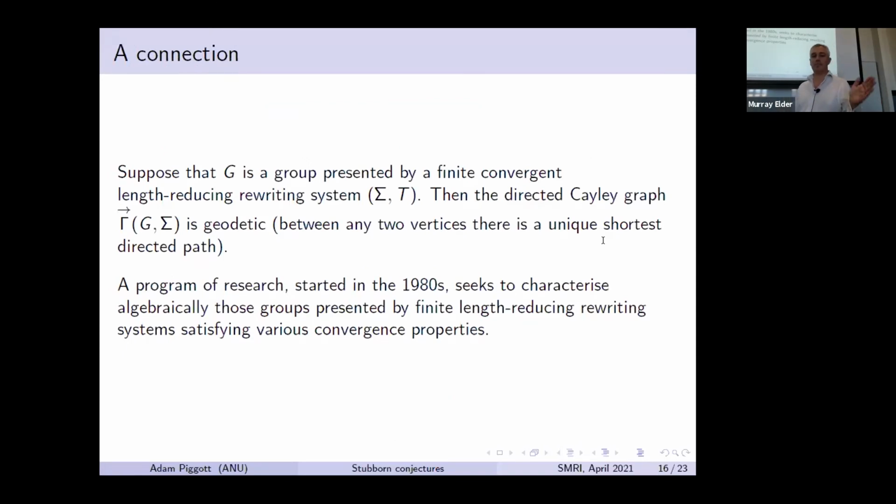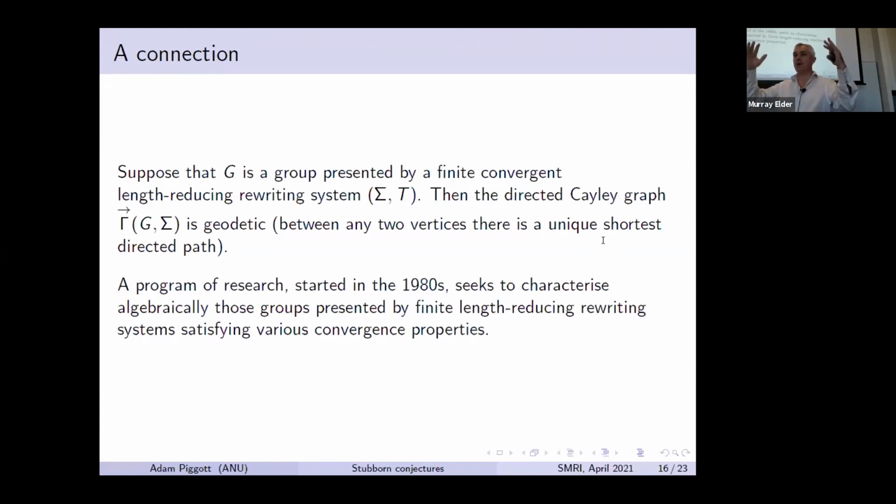Suppose that you have a group that's presented by a finite convergent length reducing rewriting system. Then the directed Cayley graph is geodetic. What? Well, those reduced words have to be the shortest amongst the equivalence class because you get from other words to the reduced words by applying length reducing rules.